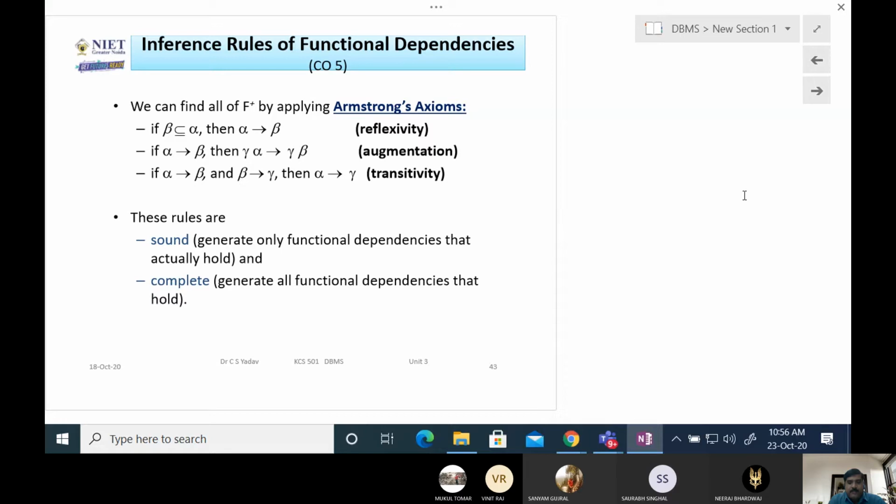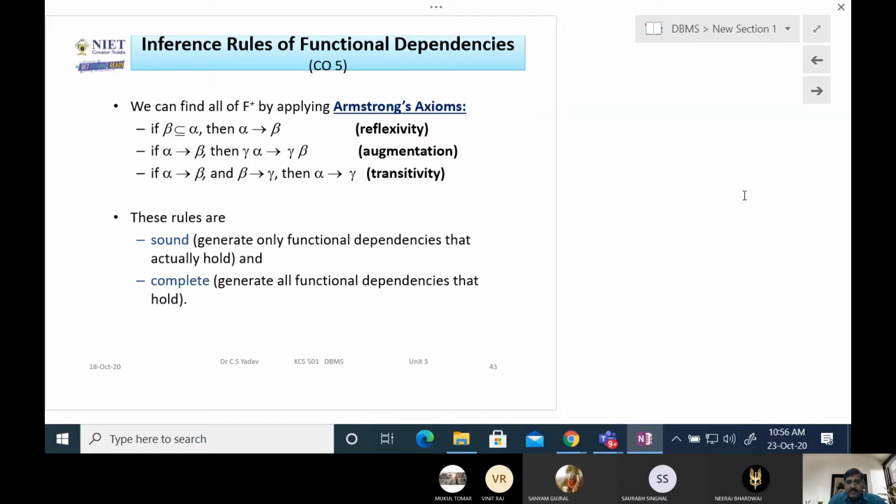As you know, closure of an attribute set is a set of attributes which are functionally determined by the set of an attribute.